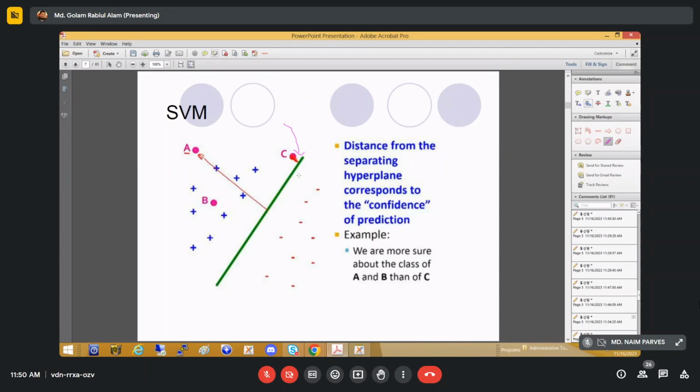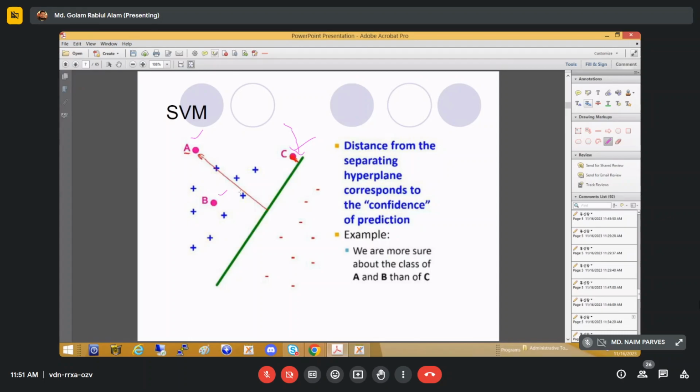So one thing is, if we place a line this way, then for the test data, maybe we say we train the model and then we have drawn this line. Now we can see the test cases, here is A, here is B, and here is C. For C, the hyperplane, that is our line, is very close.